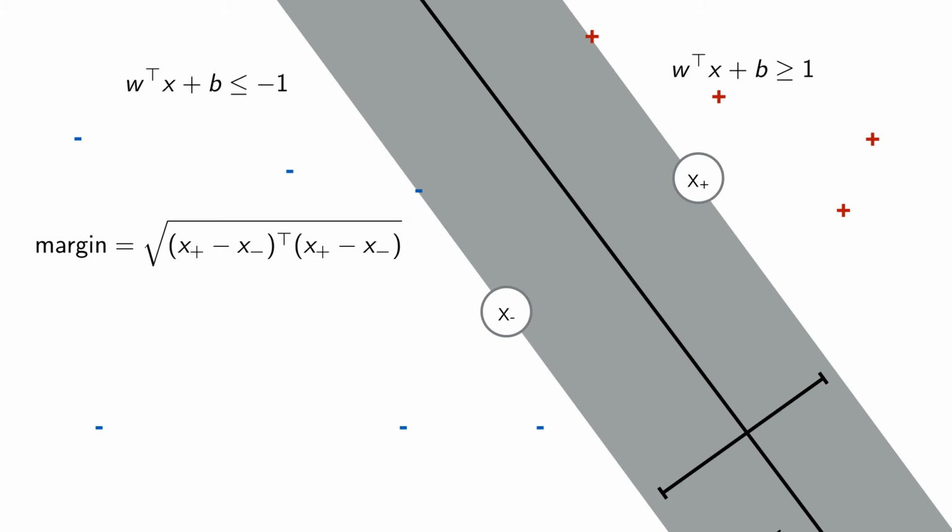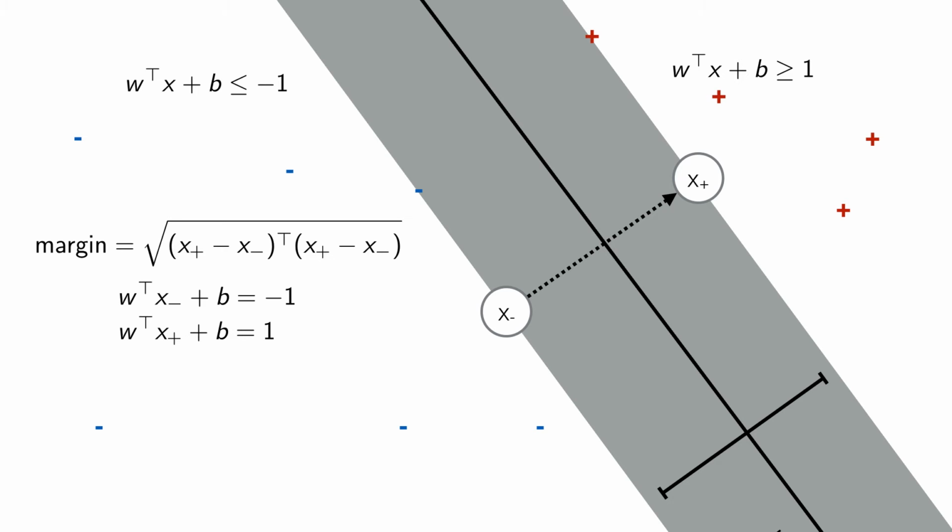So let's say the score for x minus is exactly equal to -1, which is right on that cusp of where it's correctly classified with the margin. And then we say the same thing about x plus, but we also say that they're going to want to be directly across from each other, across the boundary from each other.